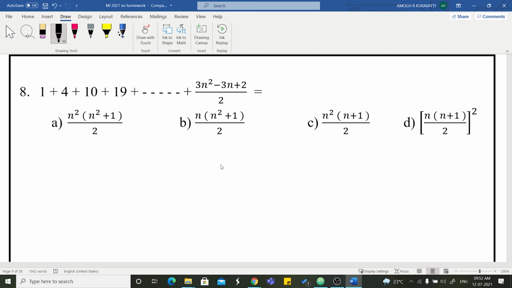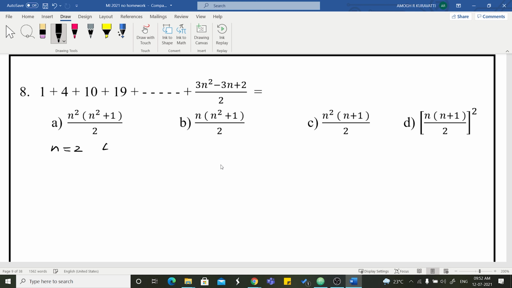If you take n is equal to 1, the first term is 1. If you take n is equal to 2, this is LHS. These are all RHS values.